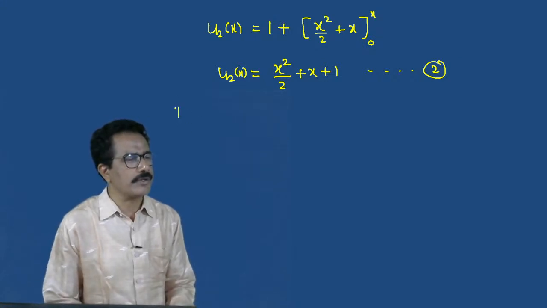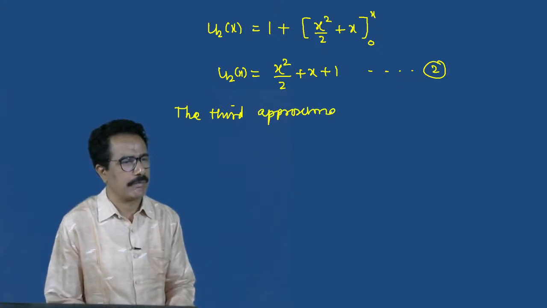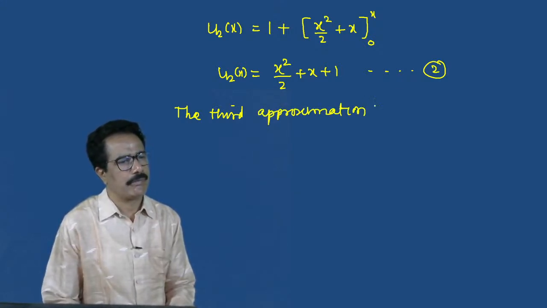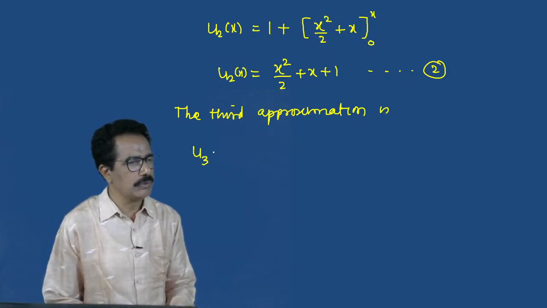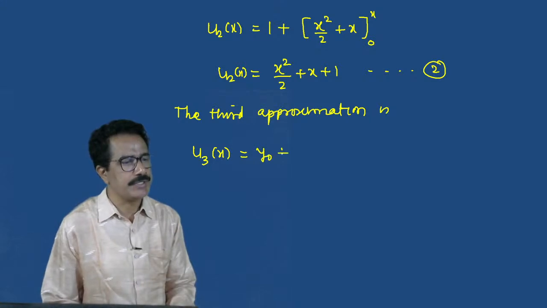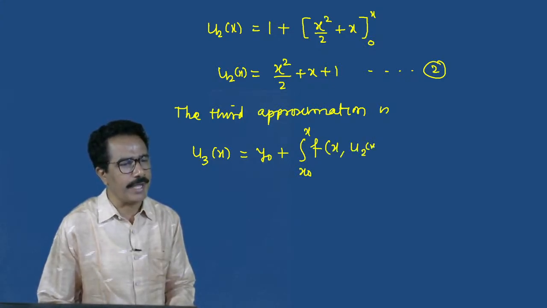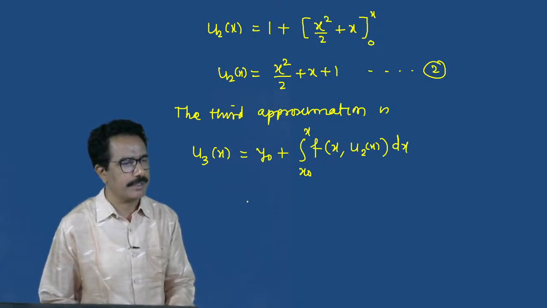The third approximation is u3 of x, which will be y0 plus integral from x0 to x of f of x comma u2 of x dx.